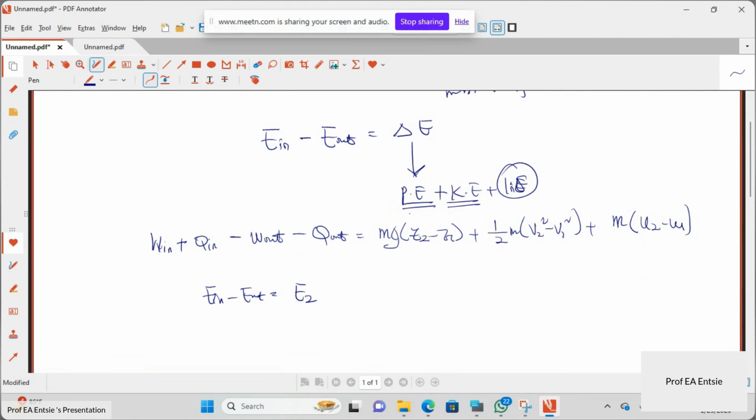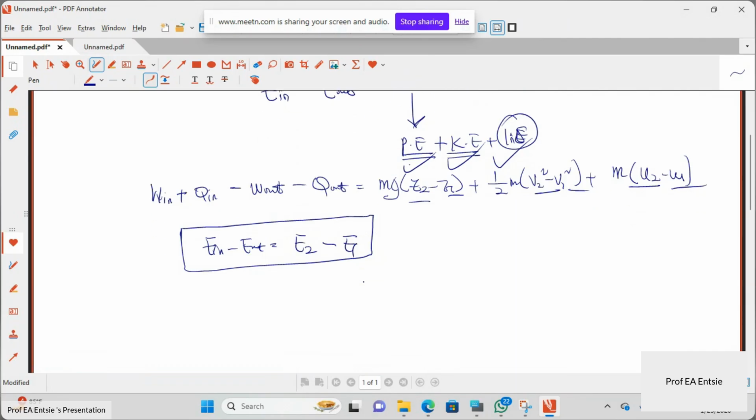So this symbol stands in for potential, kinetic or internal, and the 2, 2, 2 stands for these, minus the 1, 1, 1, which are the initial values. Simply put, the first law of thermodynamics is saying that energy input minus energy output should be equal to the change in the energy of the system between its final and initial states. Very simple, right? All right. So this is what we'll be working along.